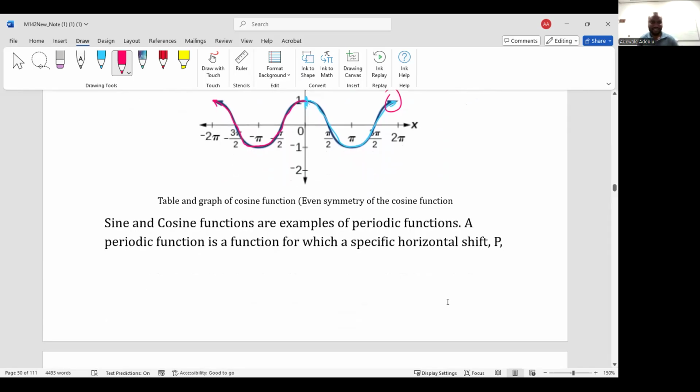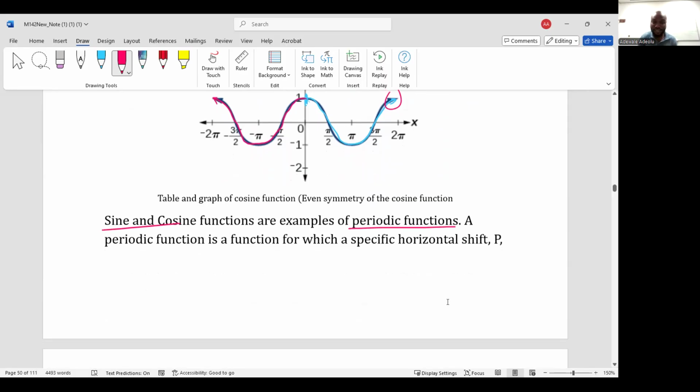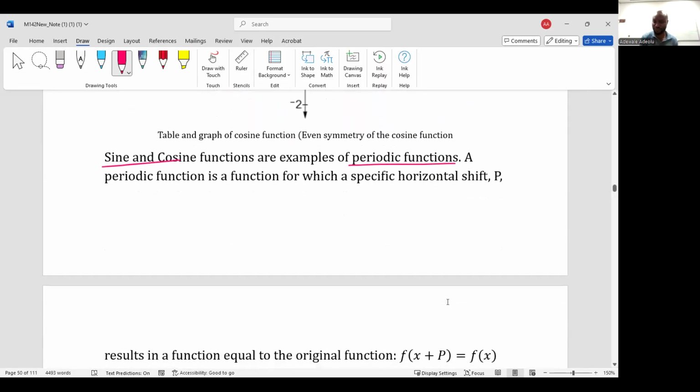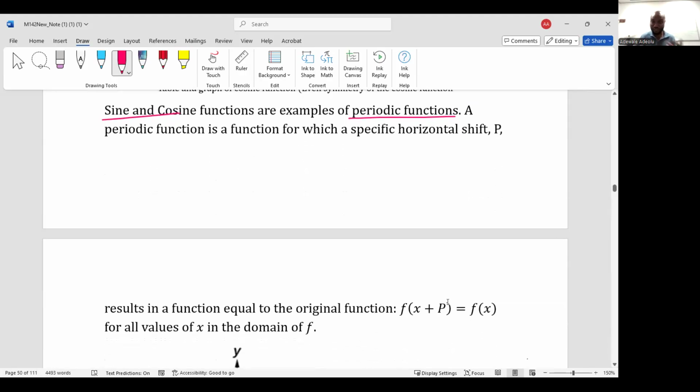All right. Now, we say sine and cosine functions are examples of periodic functions. What do we mean by the word periodic? A periodic function is a function for which a specific horizontal shift, let's call it P, results in a function equal to the original function.